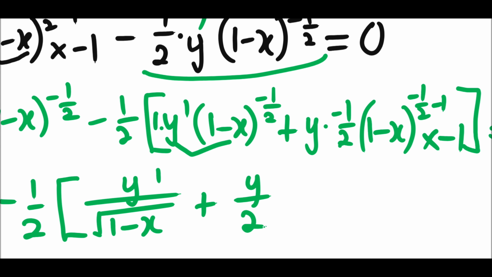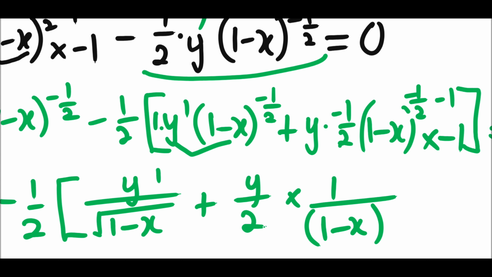Then here is negative half minus 1, so we are going to get negative 3 over 2, which is the same as, let's write it ignoring the negative, times 1 over 1 minus x in bracket to the power 3 over 2. Then we can now close the bracket, equal to 0.